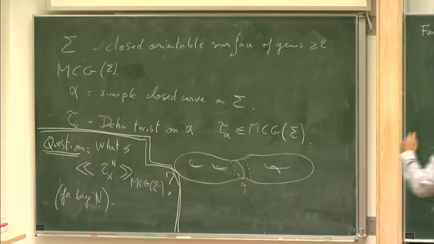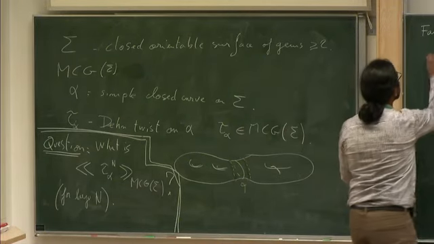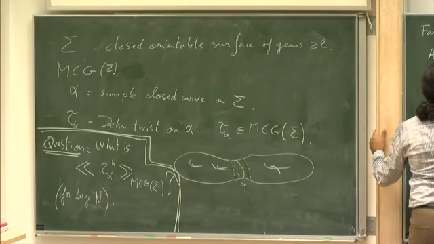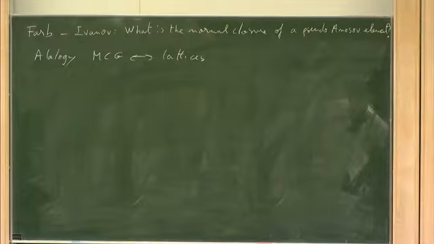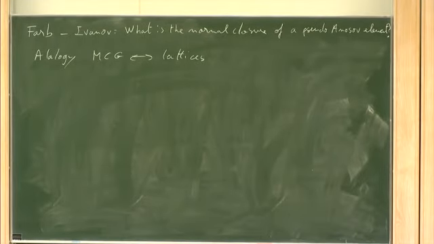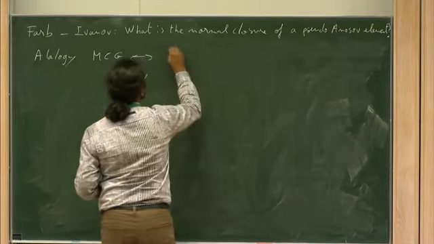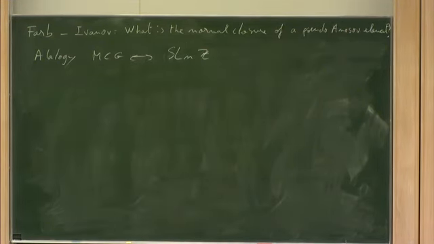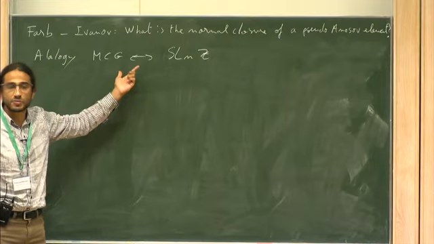If I draw a little bit more on that trend, there is an analogy between mapping class groups and lattices. It comes maybe from SL_n(Z). Why is that? Very naively, it's easy to explain.